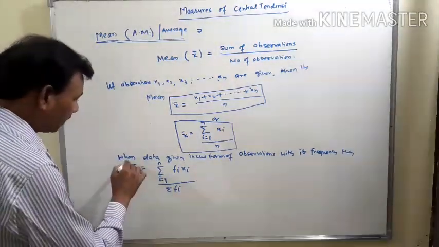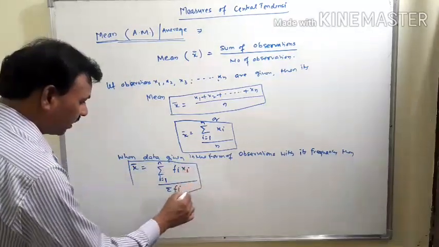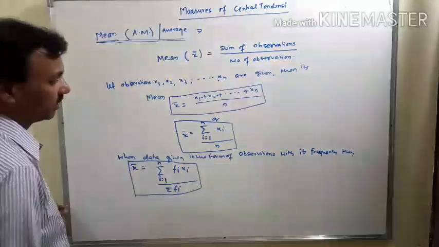This is the next formula for finding the mean of given observations.